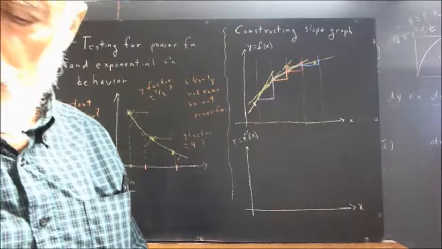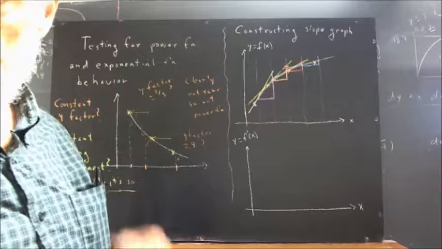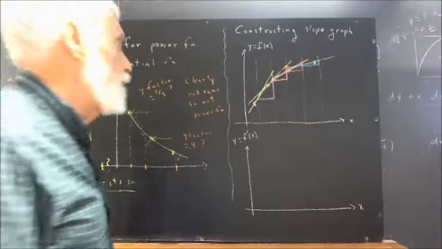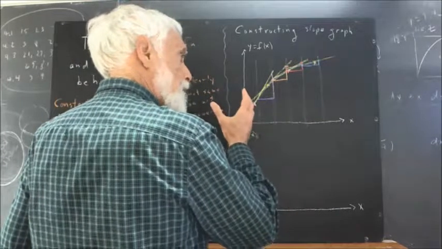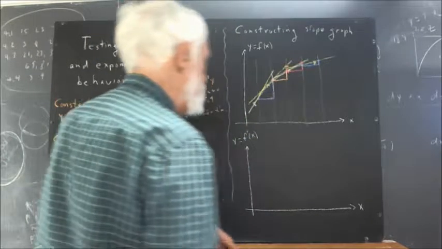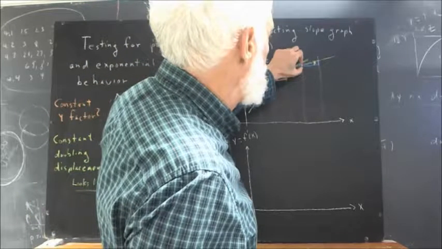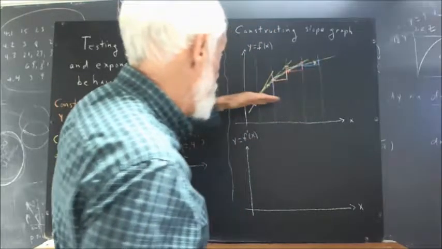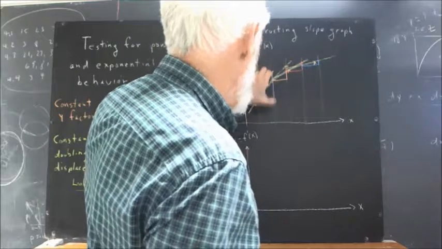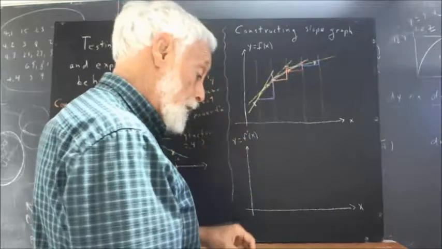Now, without too much comment, and I'll elaborate on this a little bit in a separate video: since the graph is unscaled, I can simply take each of these rises, and this is because they all have the same run, and use the rises to represent the y value for the slope graph.